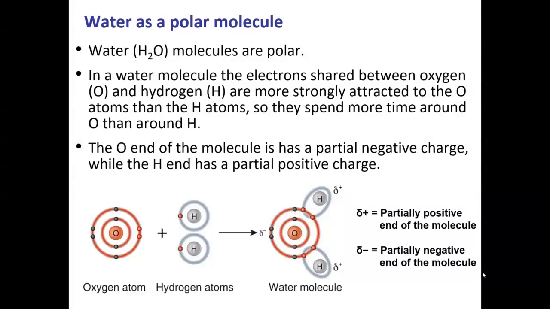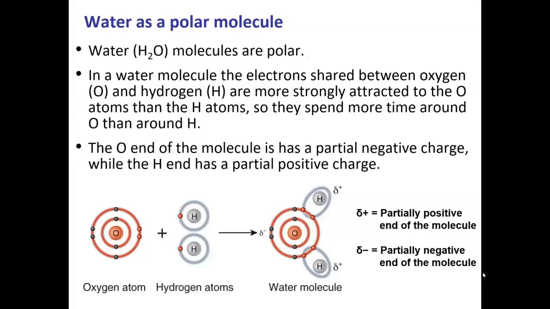That's what this weird symbol means. That's a lowercase Greek letter delta with a minus sign. That means, in chemistry, that this end of the molecule is partially negative, just because the electrons spend so much time over here. The hydrogen end is partially positive because these electrons are spending less time here than over here.